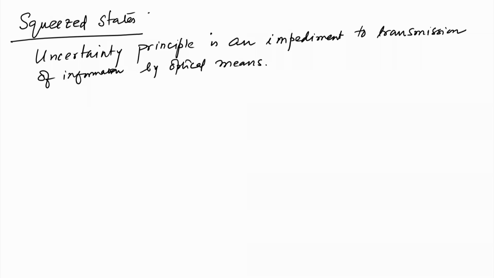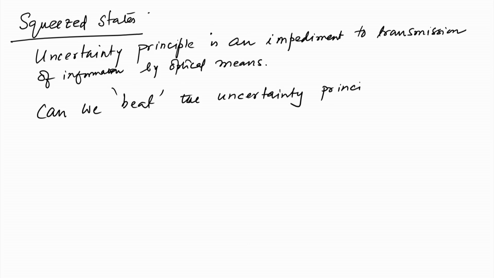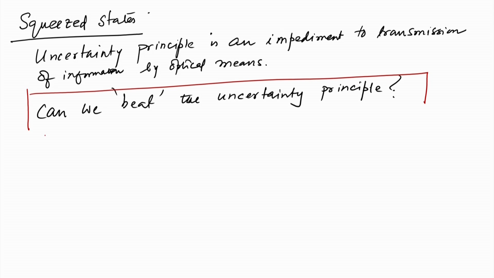So, the very relevant and pertinent question in this regard is that can we beat the uncertainty principle or can we reduce the effect of the uncertainty principle, and so this is the question that we want to box it, and possibly the squeezed states give a clue to this answer.